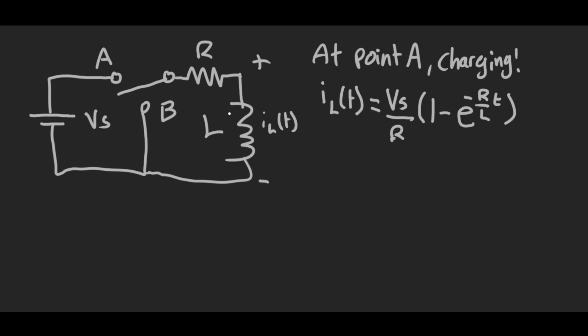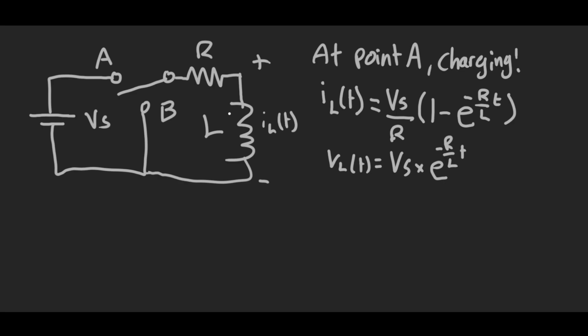Now, for the case of voltage across the inductor, it's slightly differing, and it's modeled by this equation. Voltage source multiplied by, this time, just the exponential e to the power of minus R over L times t.